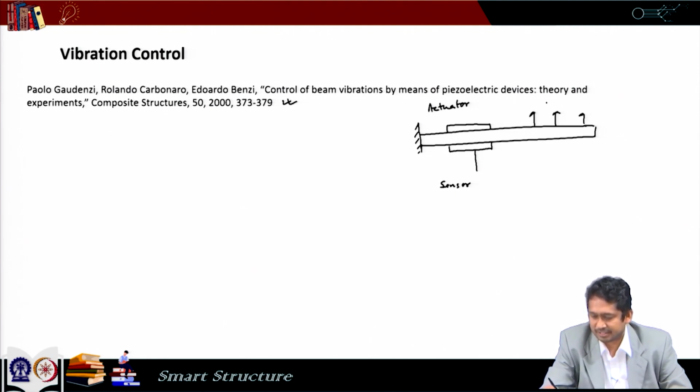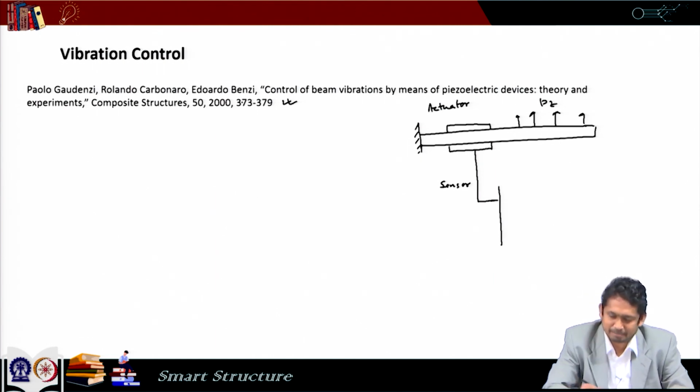We can denote this as Pz. Now, from the sensor the charge output comes, and then there are two modes as suggested by this paper.